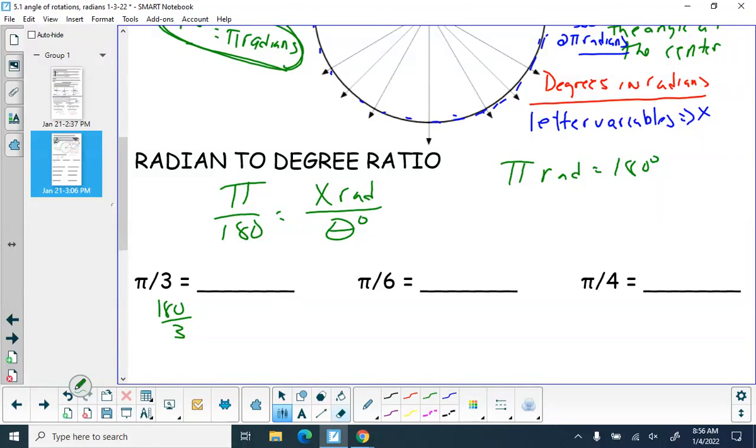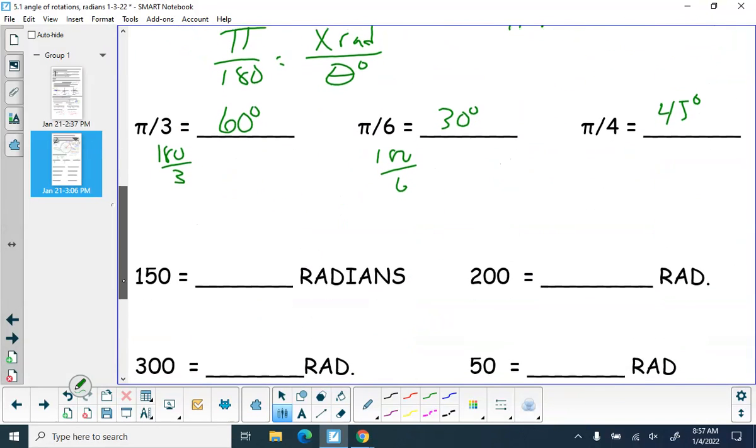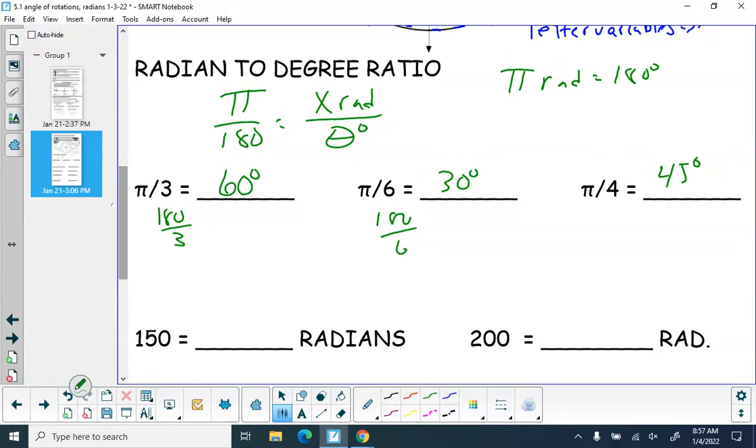When you have the value of pi in there, you can just substitute 180 in for pi. And that will take us into degrees form. Pi over 6 would be 180 divided by 6, 30 degrees. And this gives us our 45 degrees. These are also key values to look at when we're dealing with conversions. We'll go through an easier way of dealing with this here in a second.